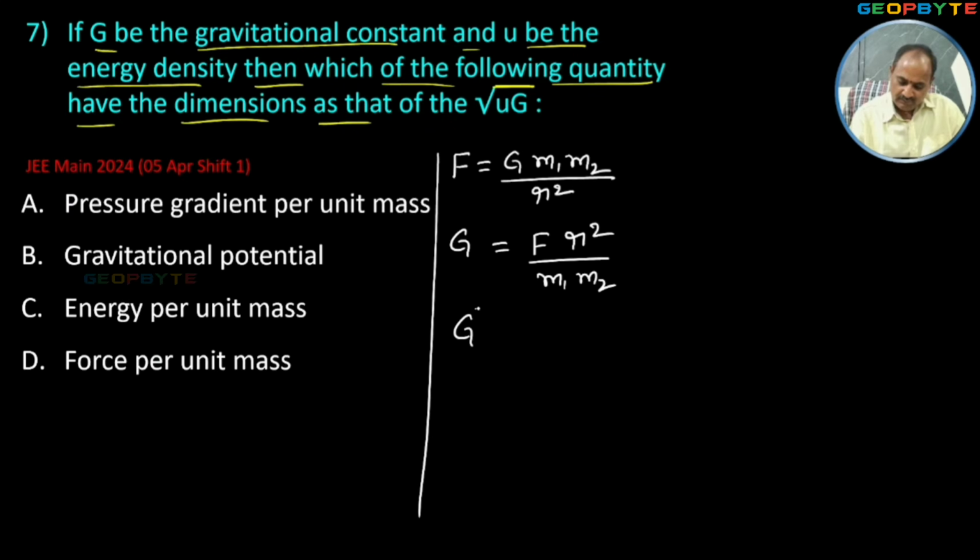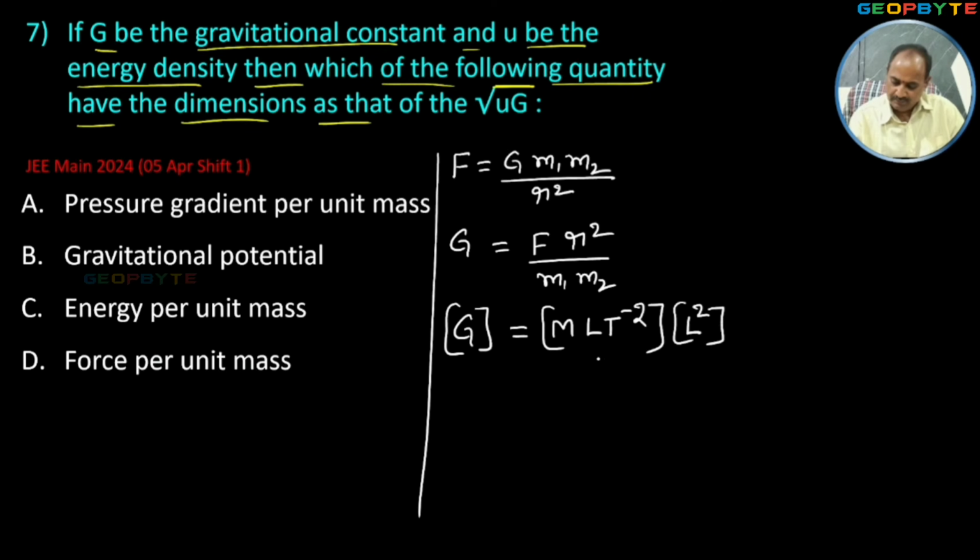Let us write the dimensional formula for G. F is m L T power minus 2, r square is L square, dividing by m power 2. It is m power minus 1 L power 3 T power minus 2. So this is the dimensional formula for G.